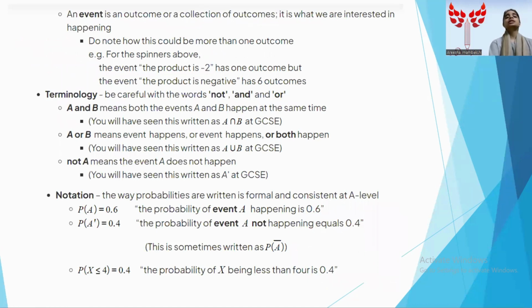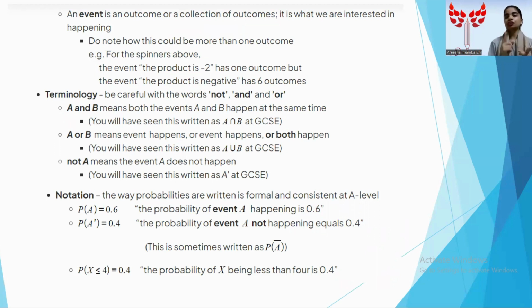Now, an event is basically an outcome, or a collection of outcomes, and that is what we're interested in. We're interested in what outcome we are going to get. There can be more than one outcome. For this spinner, the event that the product is -2 has one outcome, but for the event that the product is negative, there are 6 outcomes.